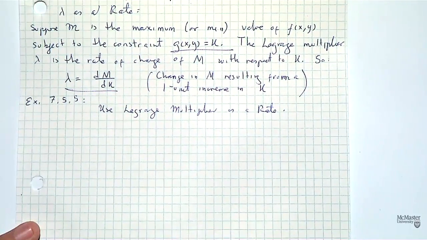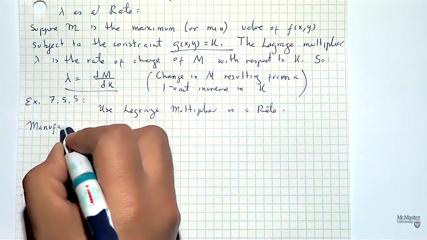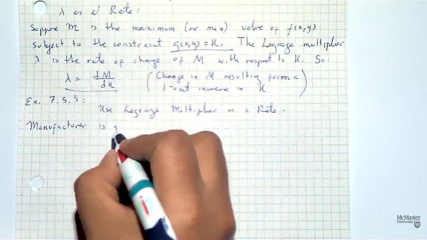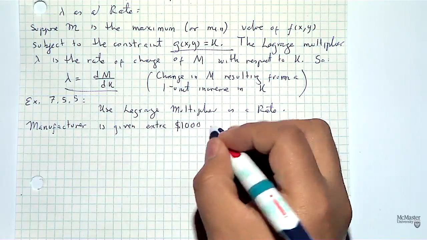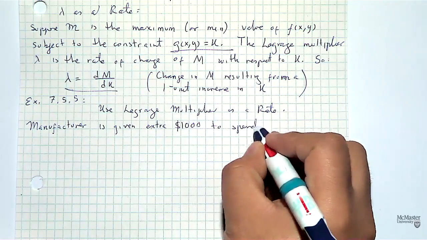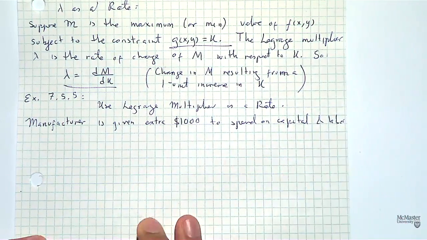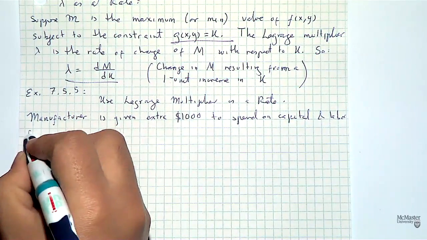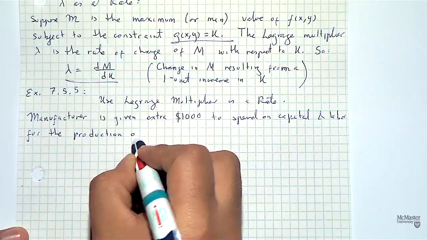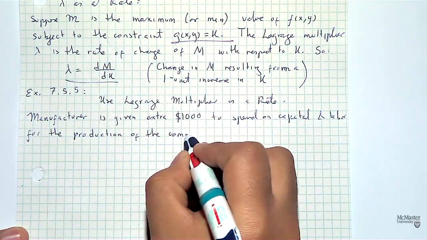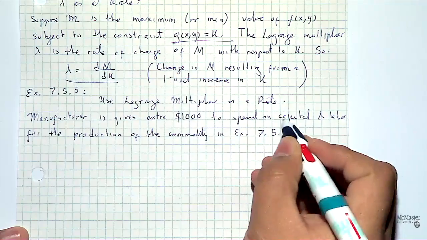and it's the following. It's actually related to the previous problem. So the manufacturer in the previous problem is given an extra 1,000 to spend in capital and labor for the production of the commodity in the exercise 7.5.4 that we have just solved.